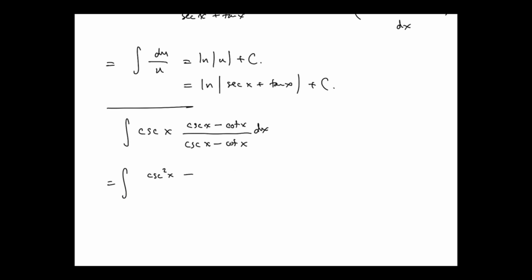Okay, what's our u-substitution likely going to be? If I make it the denominator like before, what's the derivative? What's the derivative of cosecant?